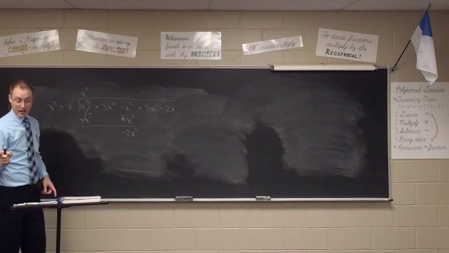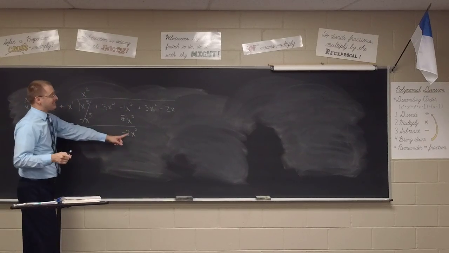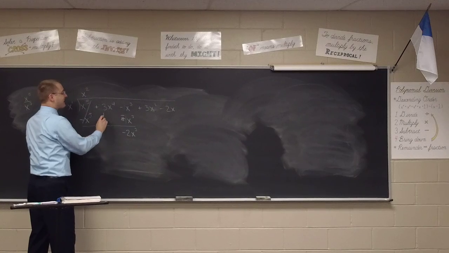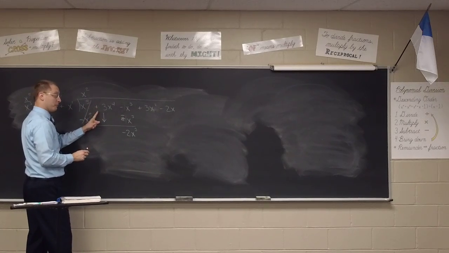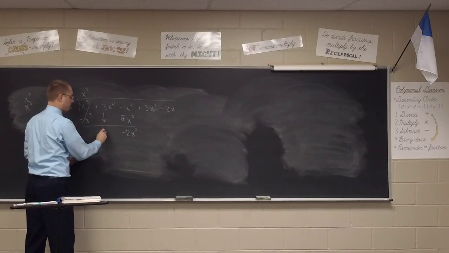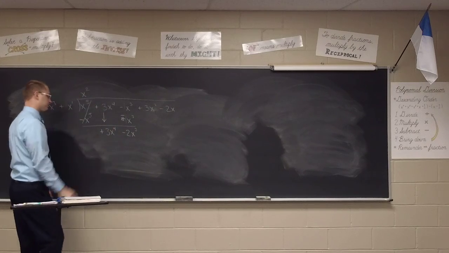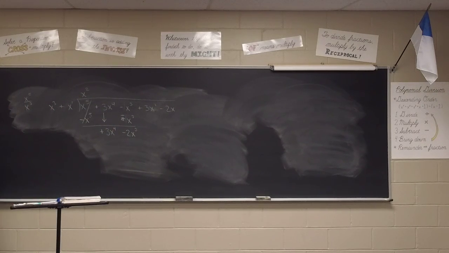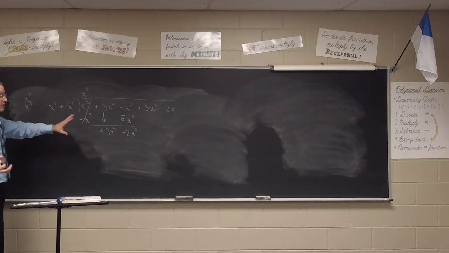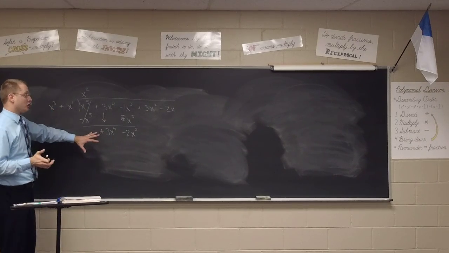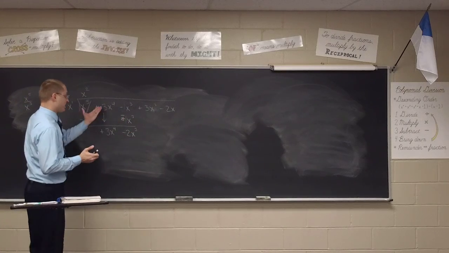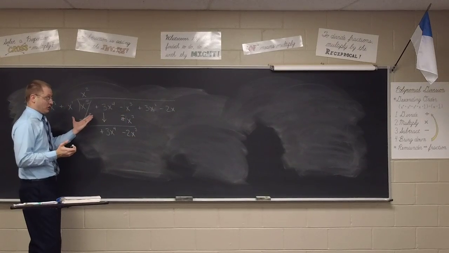Now we have to bring down, correct? But since we skipped this one, bring down the one that was skipped, not the next one. Does that make sense? So we got a little bit of a weirdness to this because we didn't fill in the gap. But it's still manageable, right? It should make sense. You bring down the next one. Well, this is the next one. It's the next one that didn't get used yet.